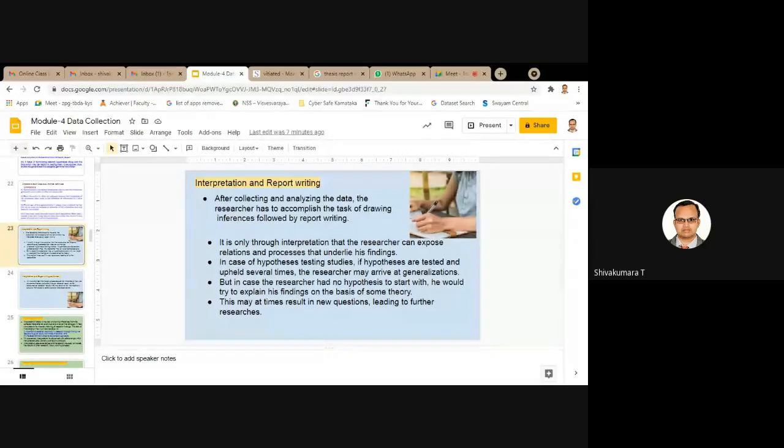Interpretation means, whatever you've done so far in your research process, you are required to observe in detail, and you are required to maintain the link between the process from beginning to end. That is nothing but interpretation.